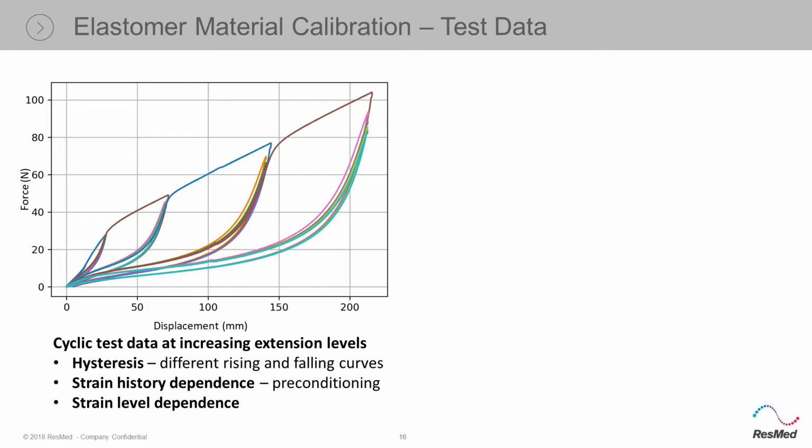It's also an example of incorporated damage, often grouped together under the term the Mullins effect. And it also results in essentially a not entirely permanent, but an offset of the origin a little bit and some long-term set back at the resting configuration. And finally, we also see strain level dependence.